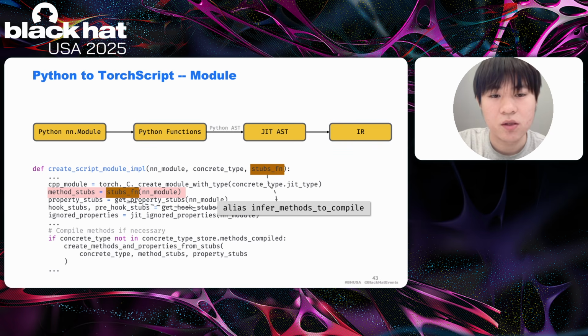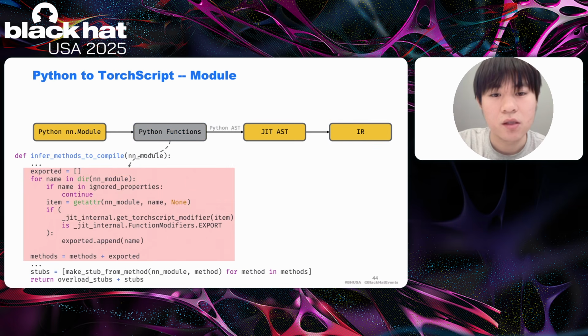Let's see what the infer methods to compile function does. In the infer methods to compile function, it first uses dir to get all attributes and methods of the model.